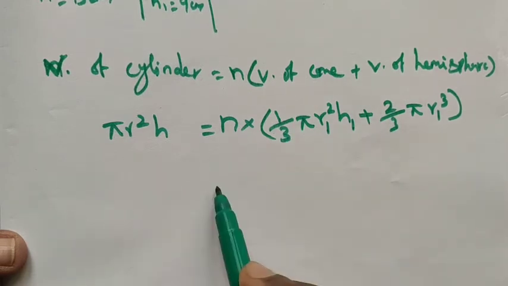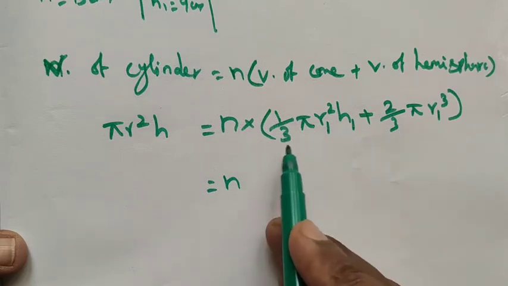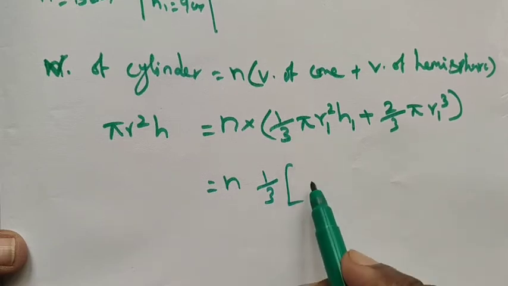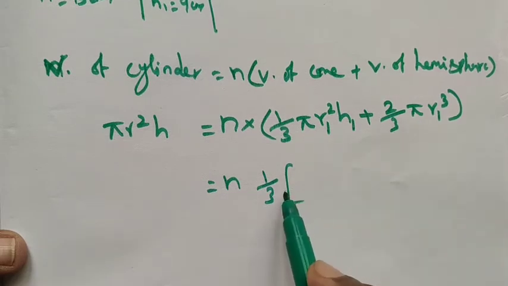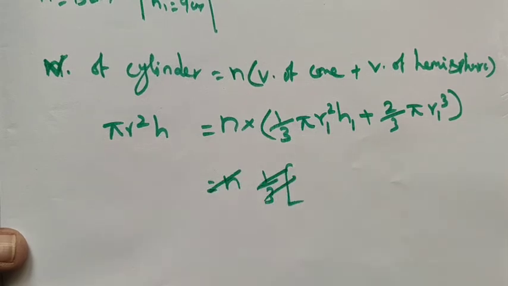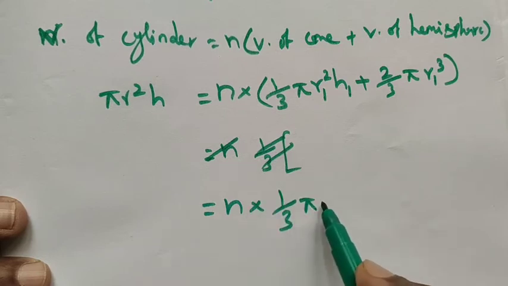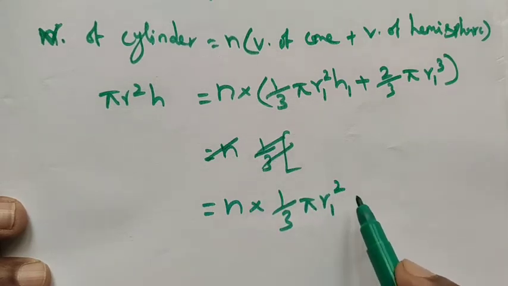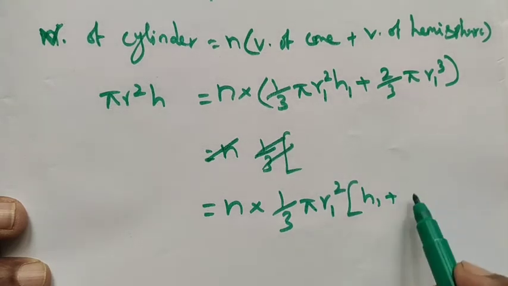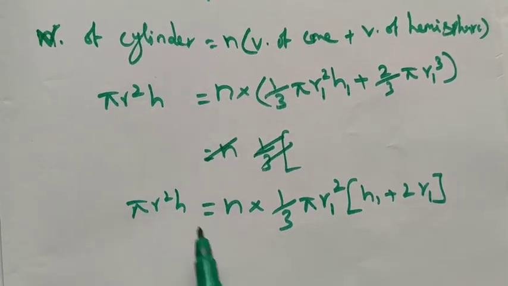We can first take out the common elements. 1 by 3 is common, pi is also common, and r1 square is also common. So n into 1 by 3 pi r1 square into h1 plus 2 r1 equals pi r square h.